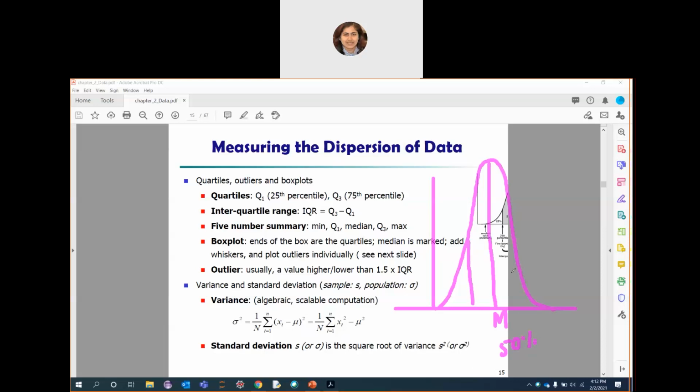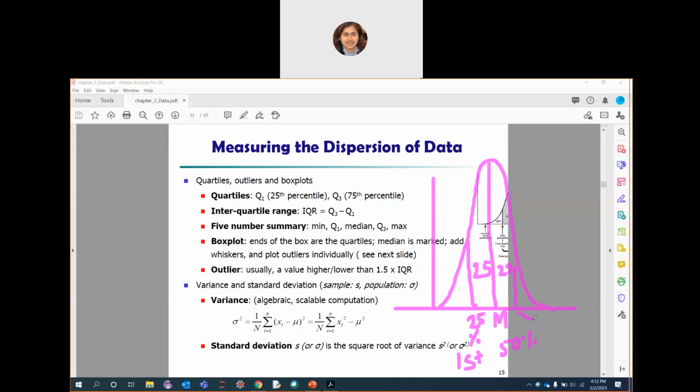If we take this much and this much here, this part is 25% and this part is 25%. That 50 is divided into two parts. Here this line can be called the 25th percentile, or the first quartile.